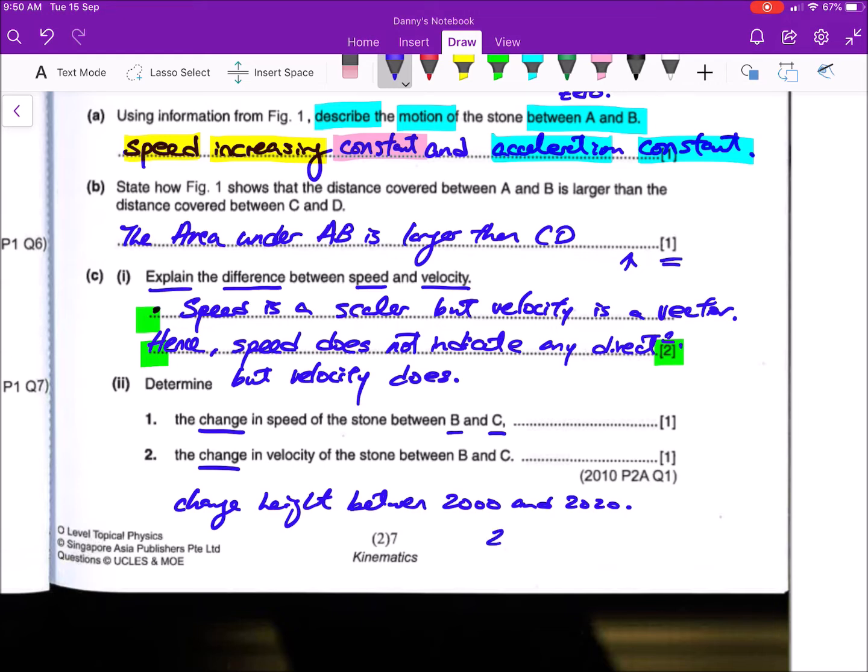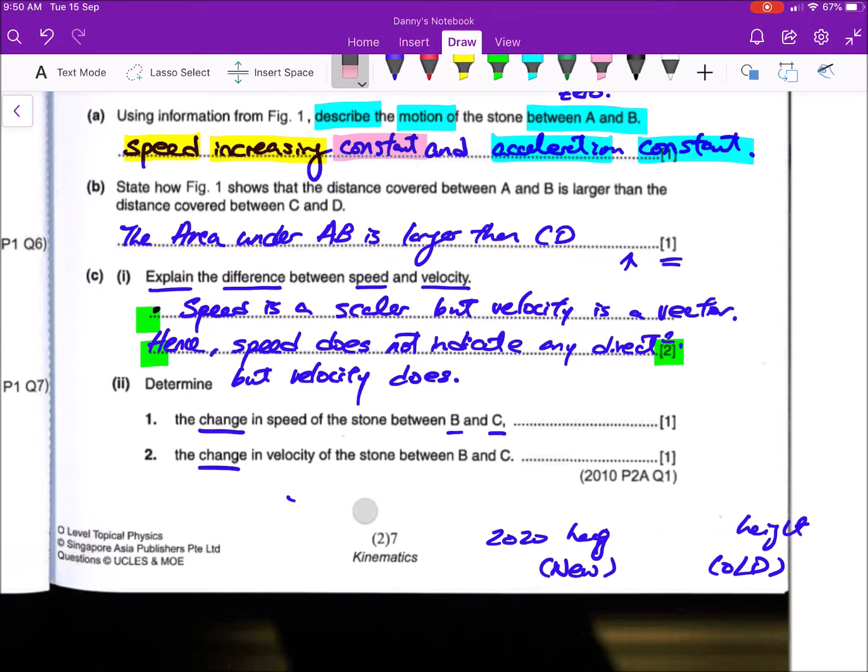You will take your 2020 height, which is your current height, minus the year 2000 height, your previous height. So you take something new minus something old. That is the meaning of change in mathematics.